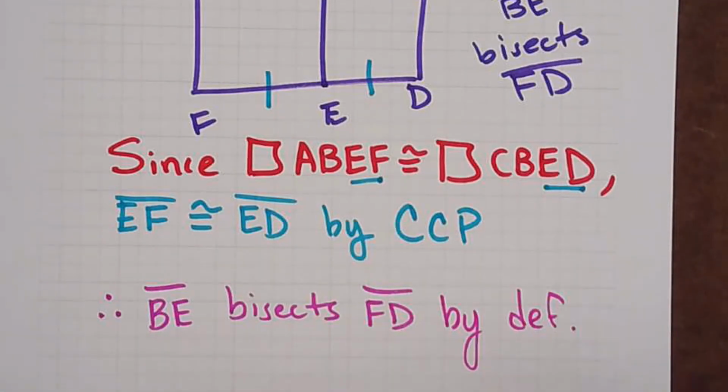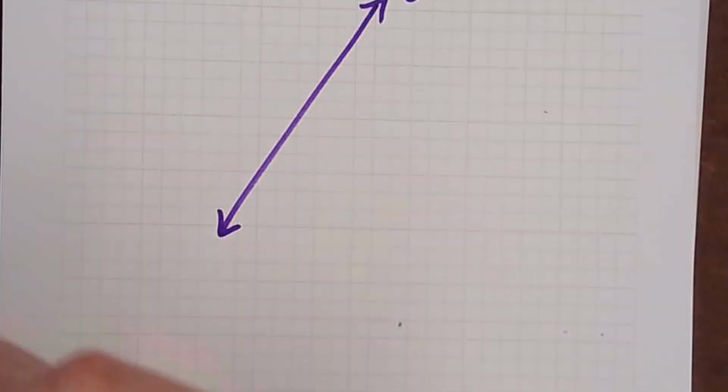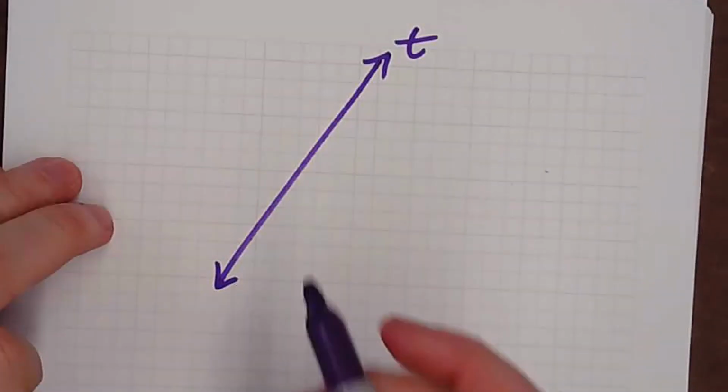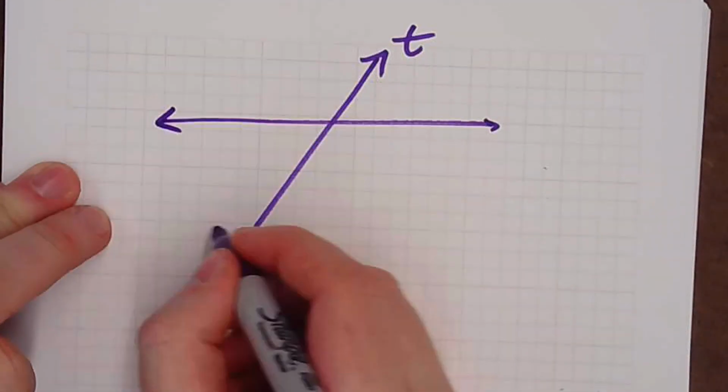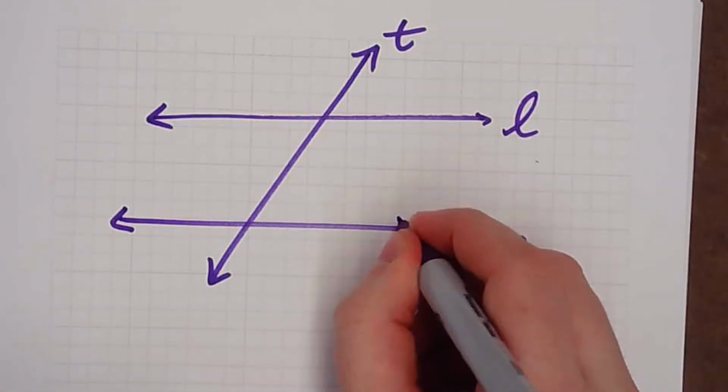One more bonus round. This one might be a tricky one if you don't remember your theorems, Grace, but I'll give it to you. We'll see. So I've got this line, and I've got 2 other lines that it is cutting. And I'm going to tell you that these lines are parallel.